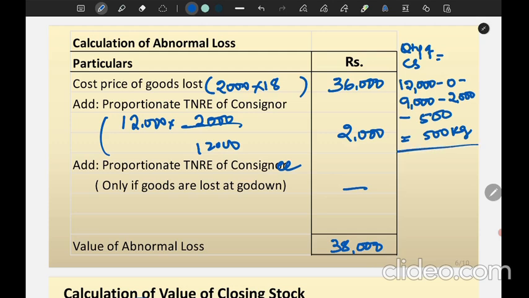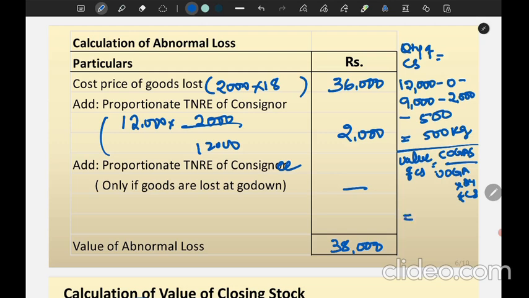Now, value of closing stock is equal to COGAS, which we have ascertained, divided by UOGAS, whatever comes, multiplied with the quantity of closing stock.